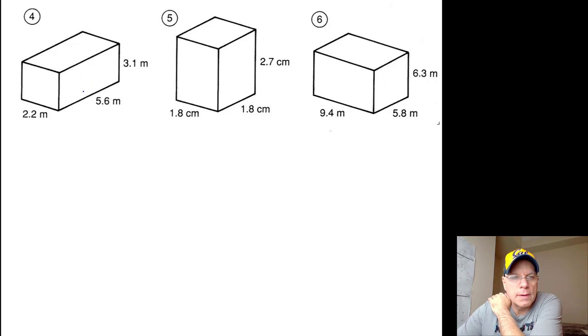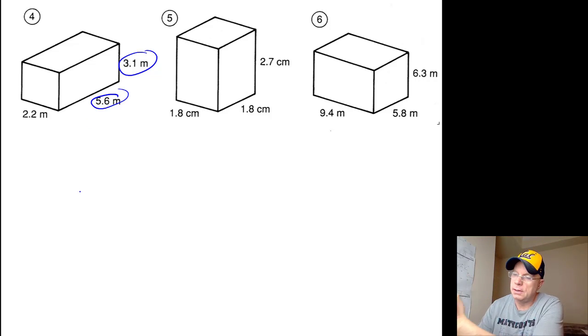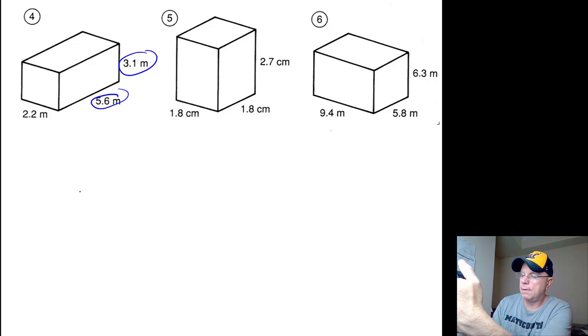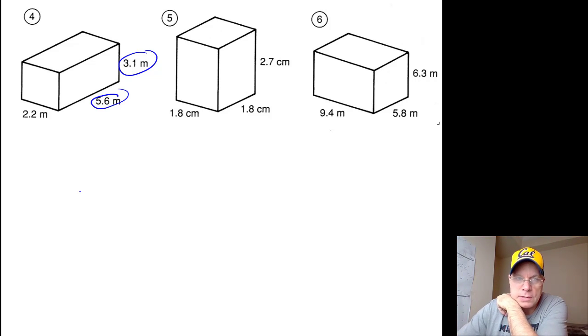Number 4, this face where I can see both dimensions, 5.6 multiplied by 3.1. Hold on while I do some quick mental math here. That's 17 and 36 hundredths for that face and the face opposite it.